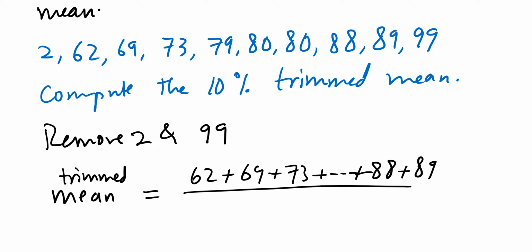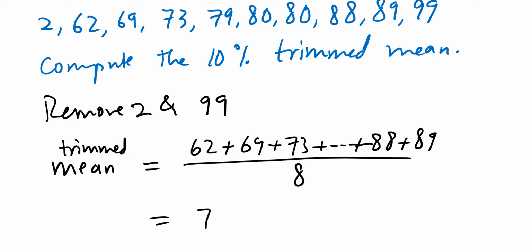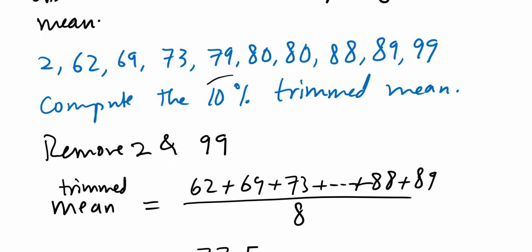Now how many data values do we have? In total we had 10, but now we have 8 left. So then if you calculate this, you get 77.5. One thing I want to let you know, when they said 10%, why did I remove the first one and last one?